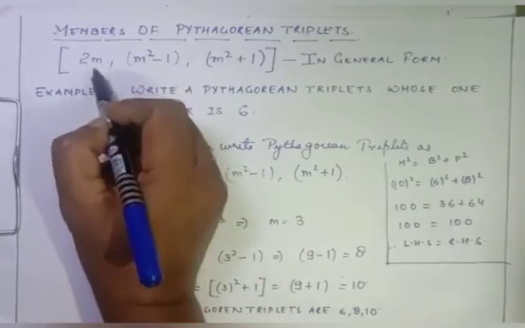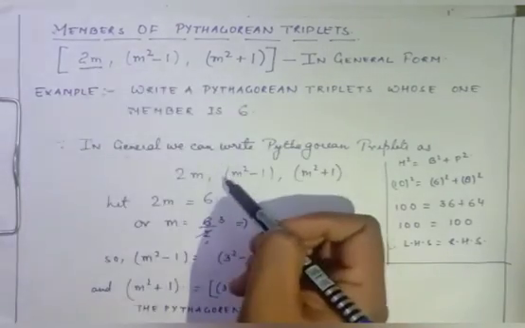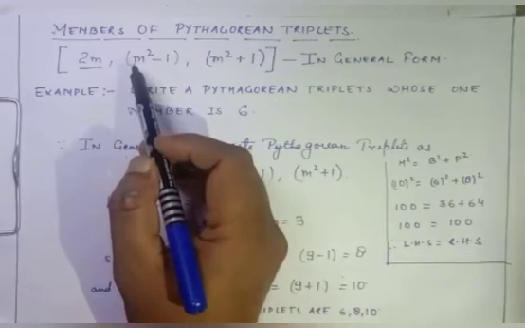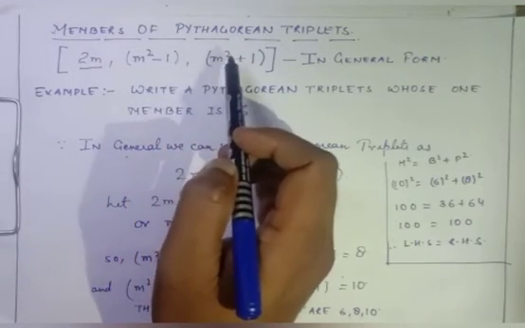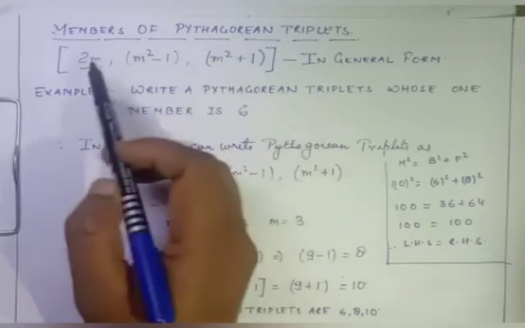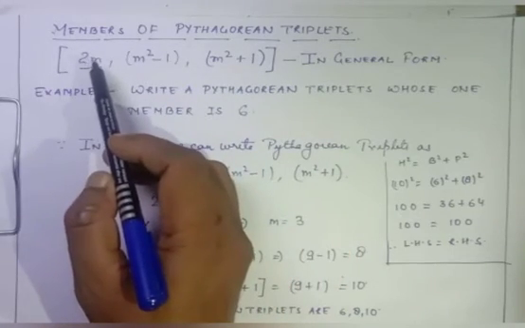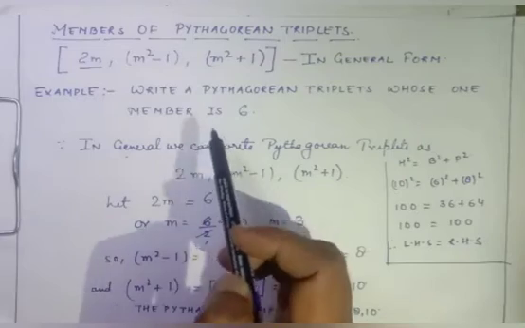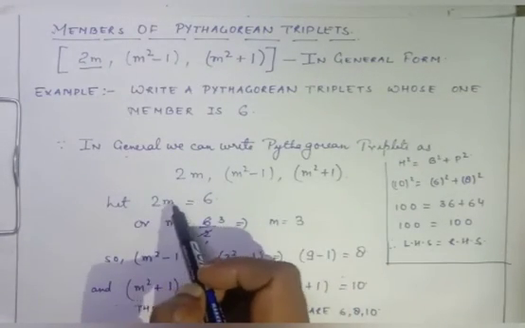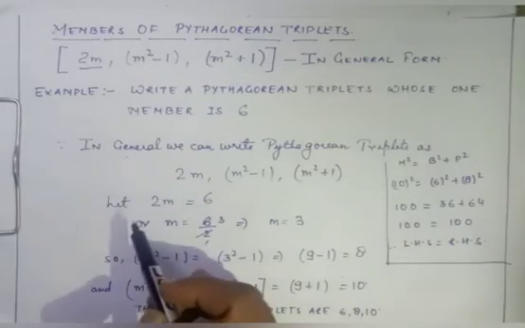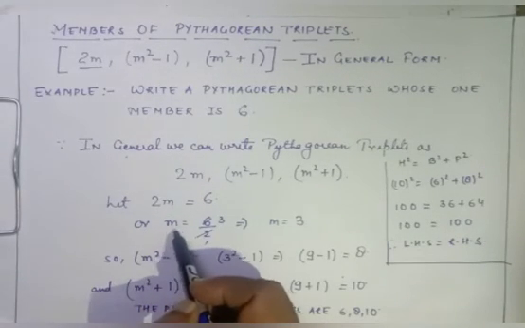So the first form is 2m and the first number is given to you as 6. So we can write, let 2m be equal to 6.